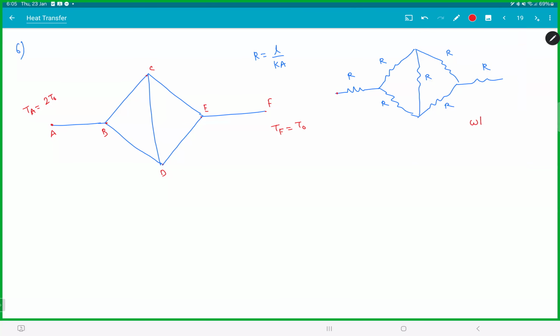If you see, this is the Wheatstone bridge. You can remove the thing in the middle. Then your circuit becomes like this.